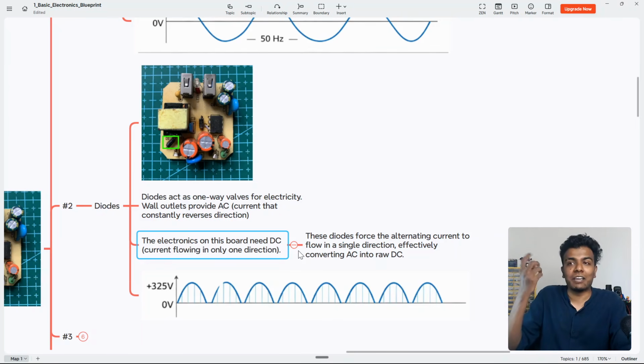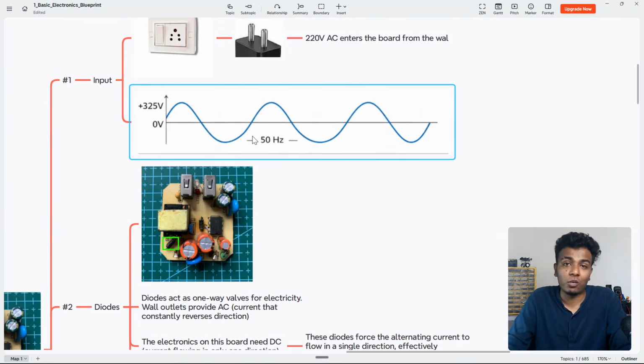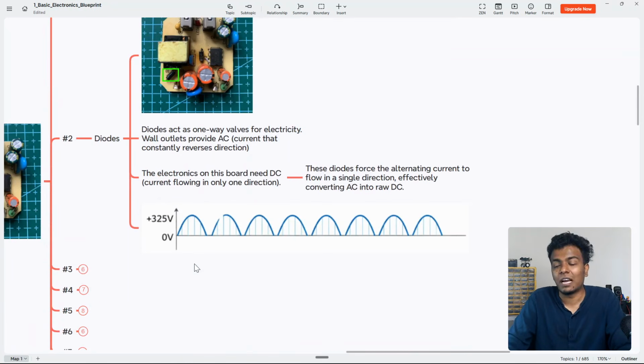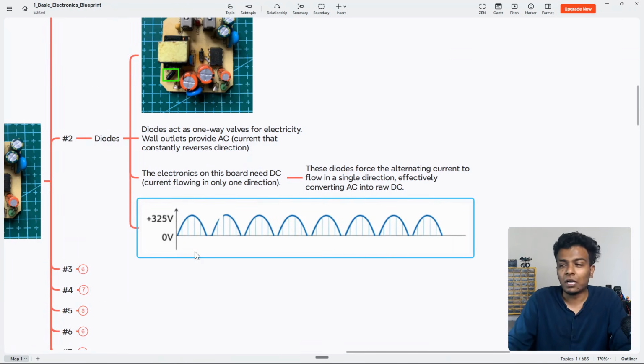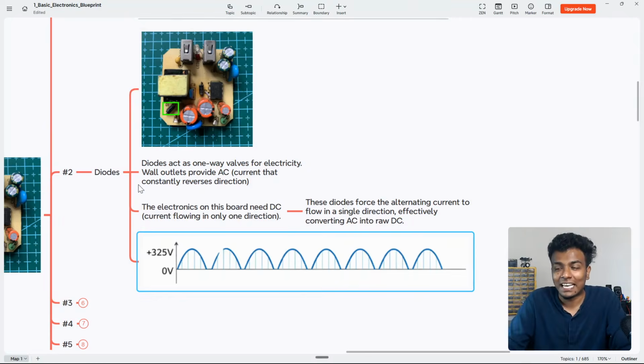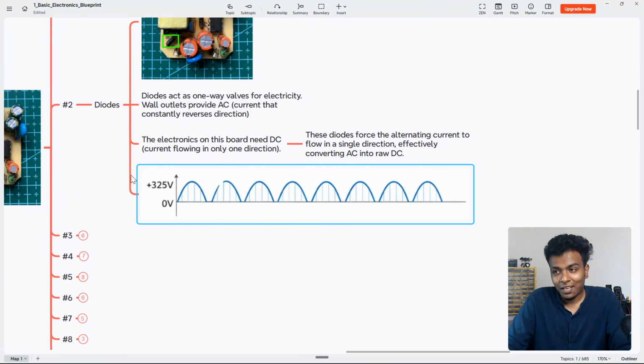If you have a sinusoidal wave, which is the alternating current, and it needs to be converted into DC, we use the diode first. Initially we have 230 volts AC. That is converted into 230 volts DC. That is what the second component, the diode, does.